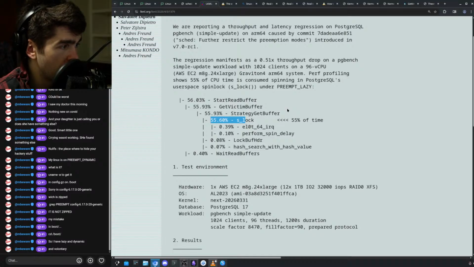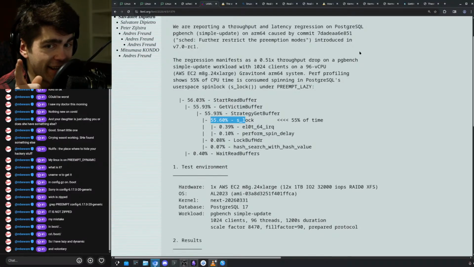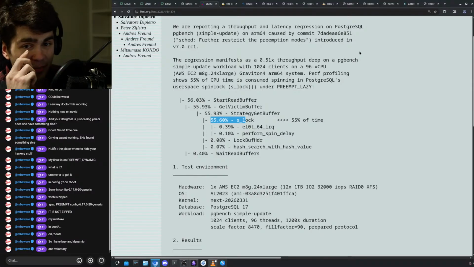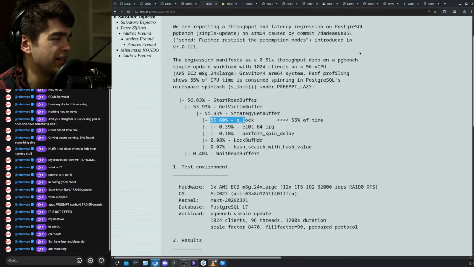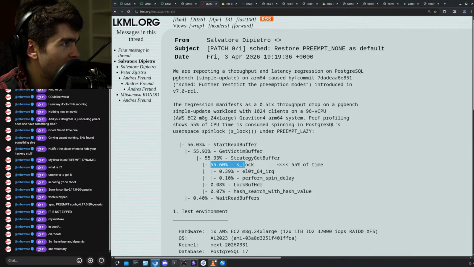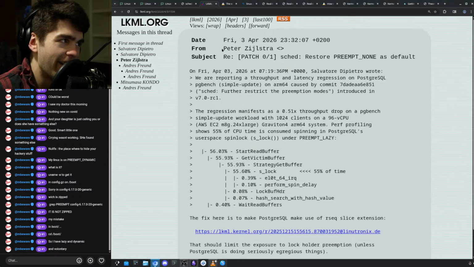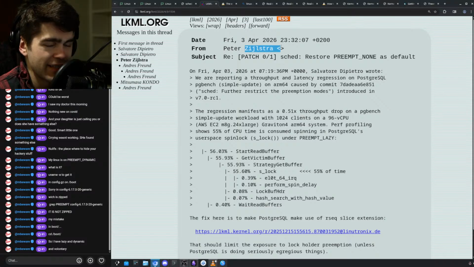So here, there's two reactions. Reaction number one would be to panic, which is based. Number two is to be that guy. Before I read it, this is Peter Z. Let's call him that, because Peter is a name I'm not going to be able to say.